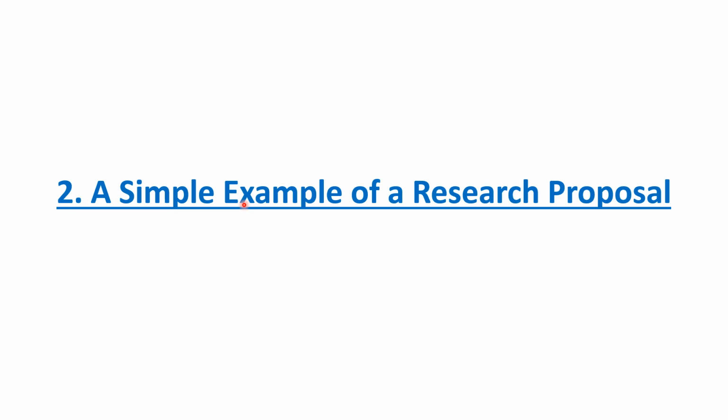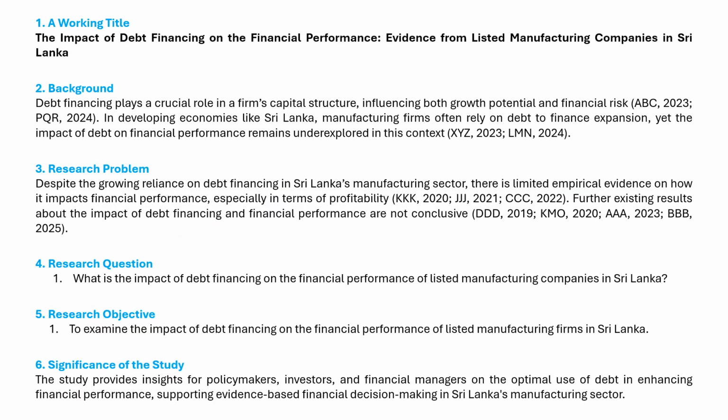So I want to explain the requirement of each and every one of the 11 titles that we have discussed earlier on. What are their needs? So I believe that once we discuss this particular example, you will definitely be in a position to write your research proposal. Okay, so let's look at the working title.